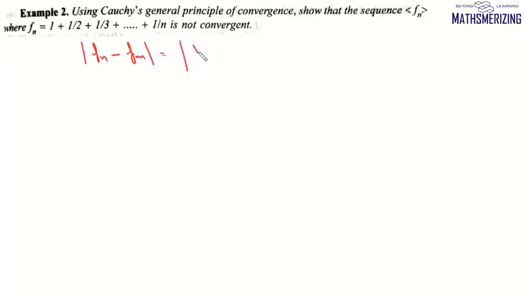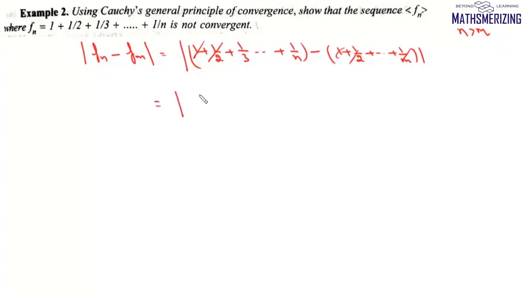Now Fn will be 1 + 1/2 + 1/3 up to 1/n, minus (1 + 1/2 up to 1/m), where n is greater than m. Now the terms up to 1/m will cancel.